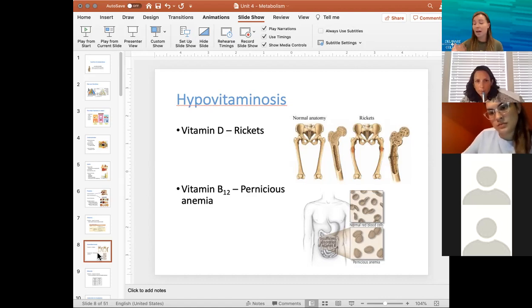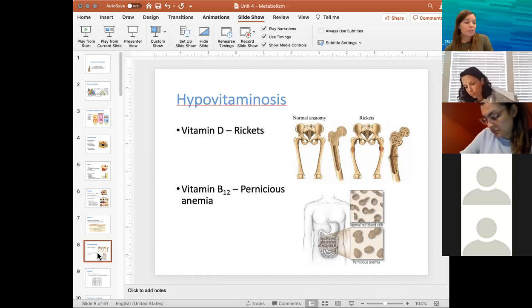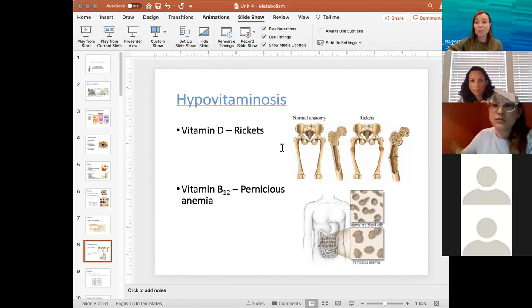So now you can write this down. Think about what would happen if you have a deficiency of calcium. It's going to lead to the softening of bones because they are not calcifying. They're not hardening. So you'll have softening of bones, and think about if your bones are not as hard as they should be. They can bend a little, right? Especially the bones that you're putting weight on, like your legs.